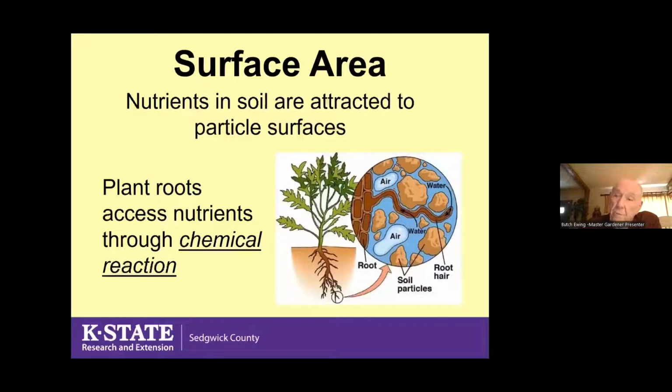Now, it's not important to know a lot about what that chemical reaction is. It's just important that we know that it is a chemical reaction, and we will revisit this when we get down to talking about the pH of our soil. So remember that the chemical reaction is the way these plants pick up their nutrients.